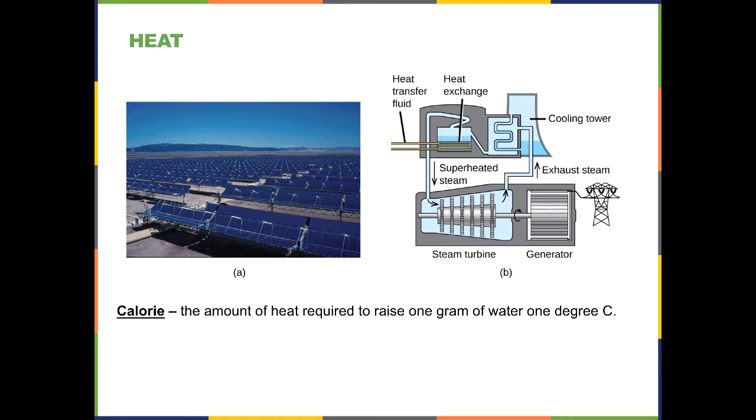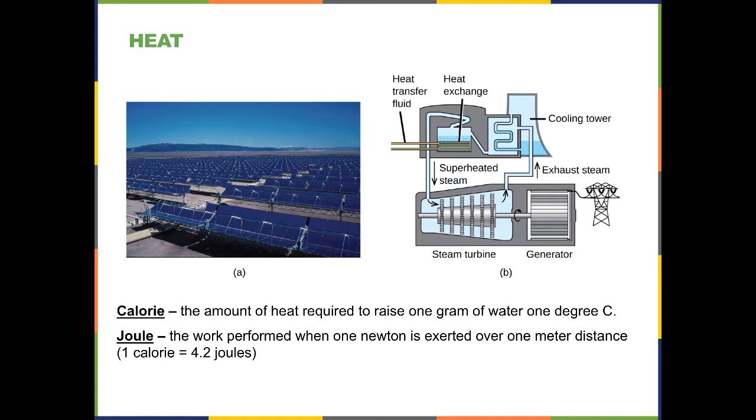A calorie is the amount of heat required to raise 1 gram of water 1 degree centigrade. Usually this is what's known as a little c calorie. A joule is the work performed. If you've had physics or even basic science, you might remember this, but a joule is the work performed to move 1 Newton of force 1 meter of distance.